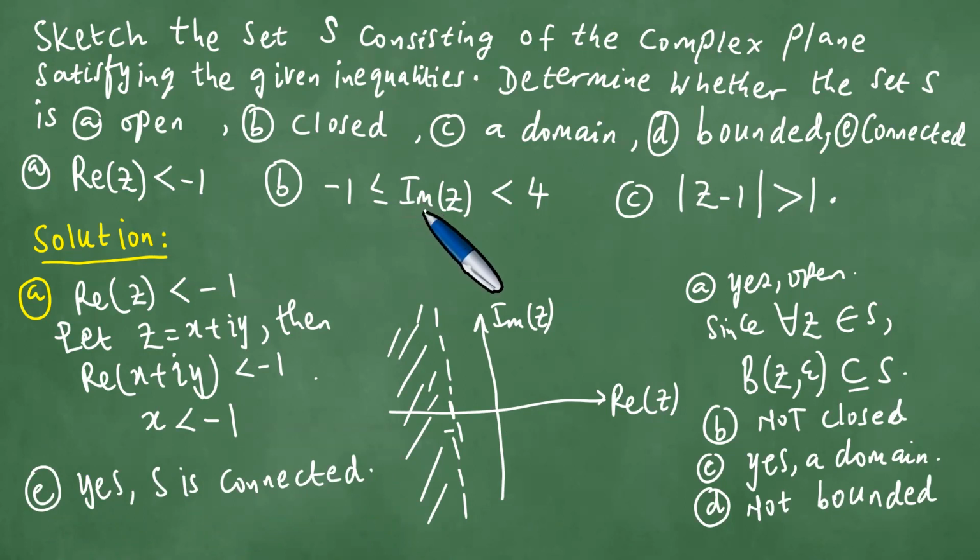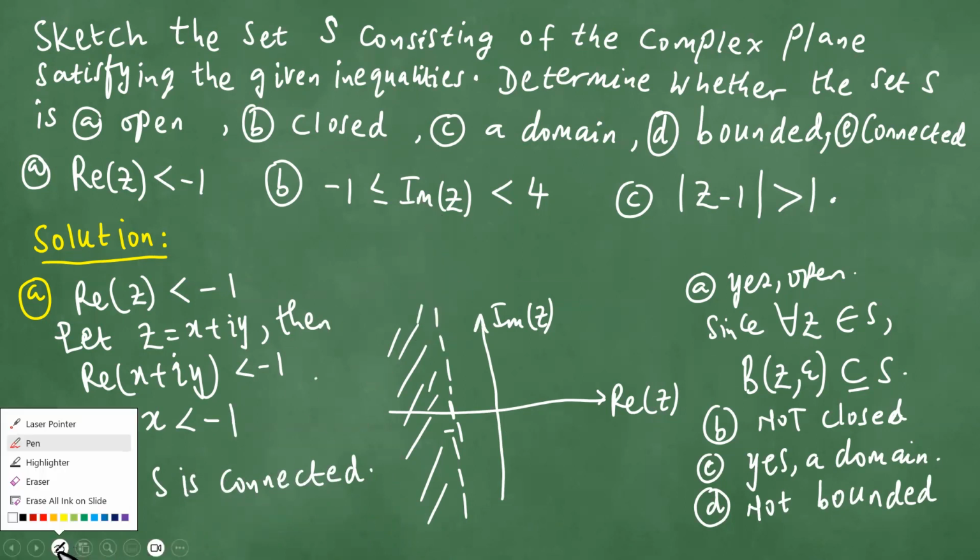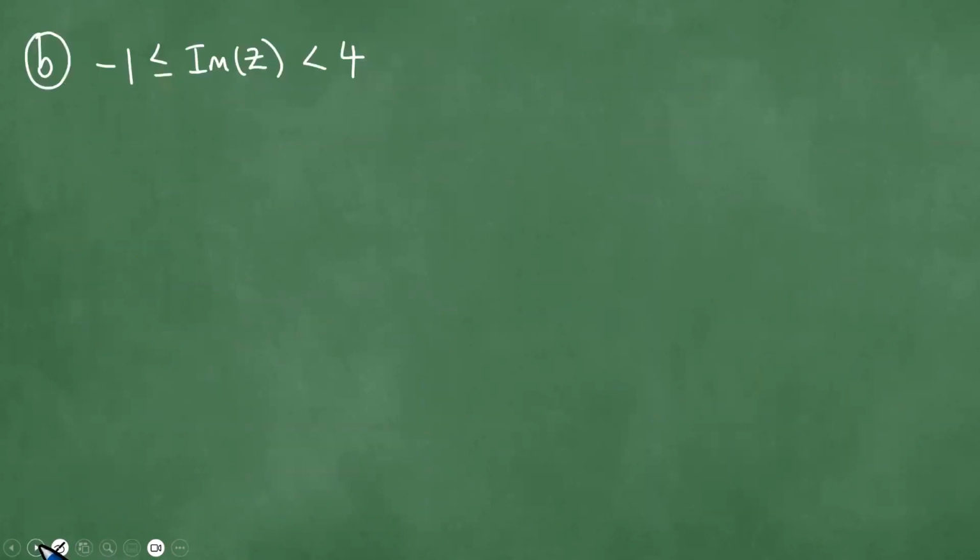What about the imaginary part? Let's first sketch the set B on the next board. Right, to sketch this one, we begin by actually saying let Z be X plus IY.